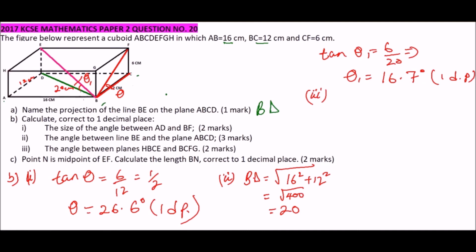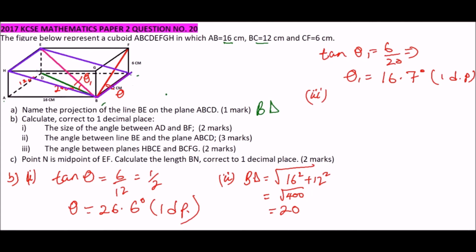The plane HBCE is a plane cutting along the diagonal. Let's maybe demonstrate that in our diagram.